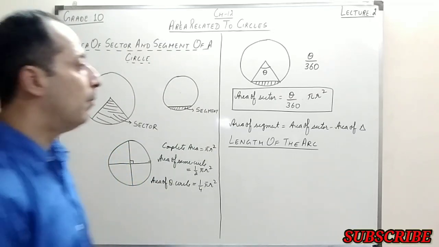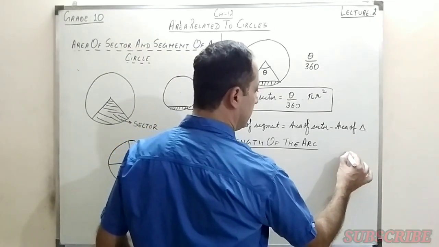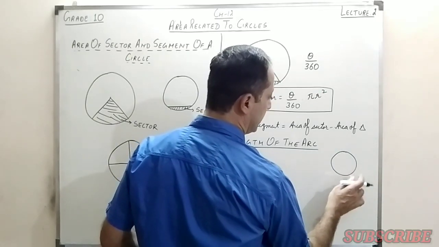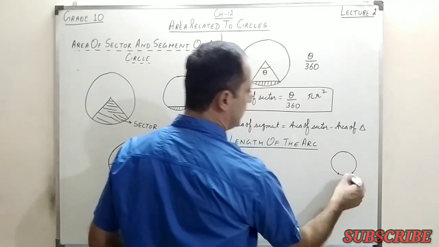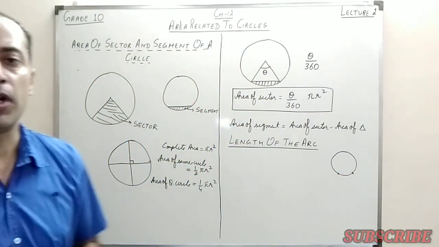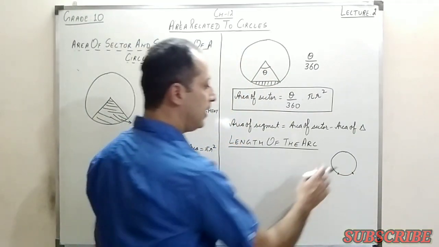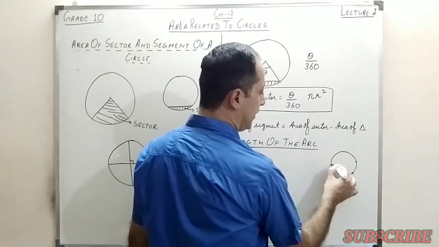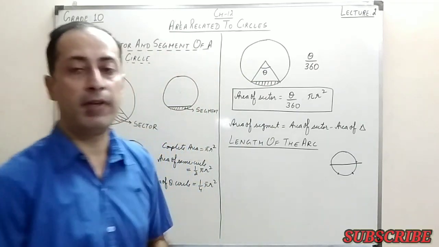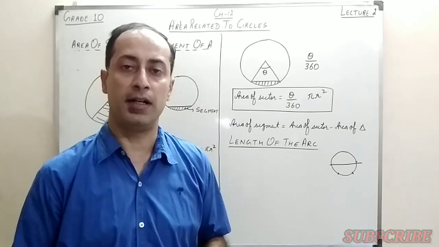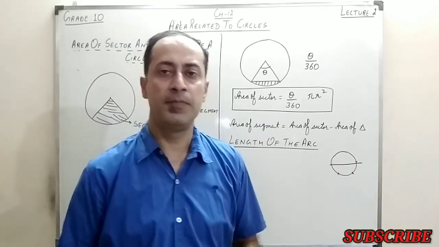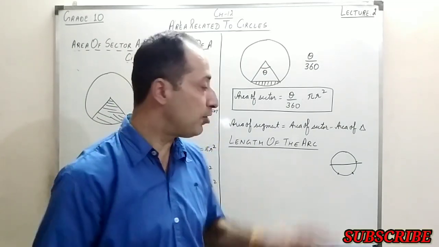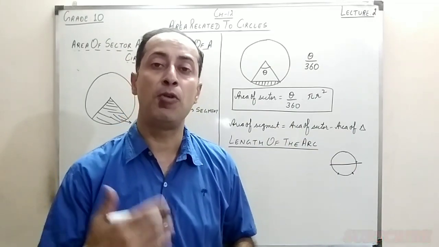So if I talk about this portion, this is some part of the boundary of the circle. When we talk about the complete length, this is 2 pi r. So the length of a semicircle, the circumference of the semicircle, will be half of 2 pi r. If I talk about a quarter circle, it will be 1/4 into 2 pi r.